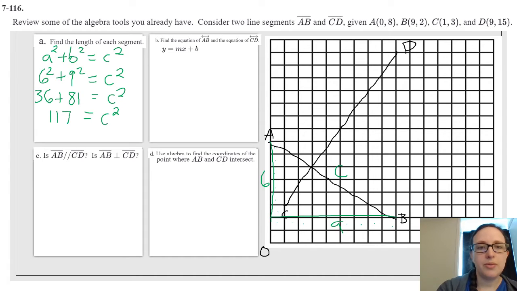Okay, and then we want to get c by itself, so we want to get rid of the square. To get rid of that, we just need a square root. So square root both sides. So c is the square root of 117, or about 10.8.